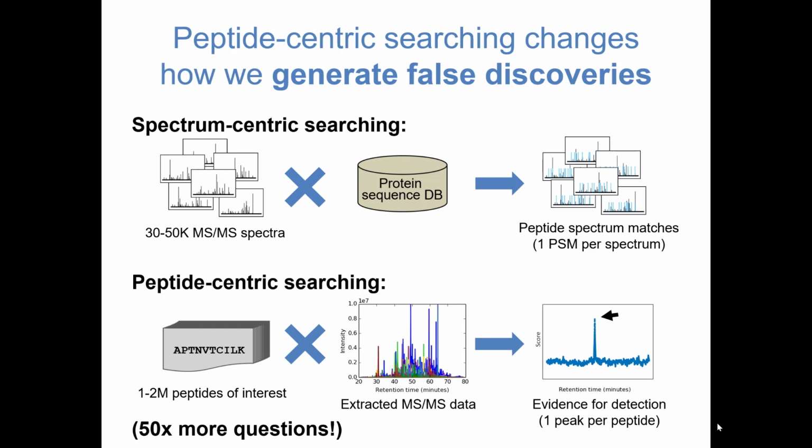Yeah, so I think what Brendan is trying to get at is that if you get an error up here, like an incorrect PSM, you still get a top score for that PSM. It's to the wrong peptide, but it's a top score. Here, in a peptide-centric way, you get a wrong peak or a wrong time point extracted out.